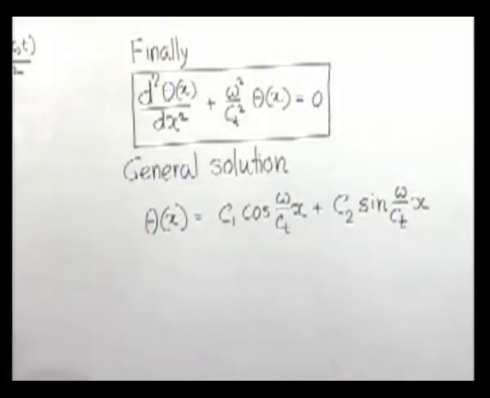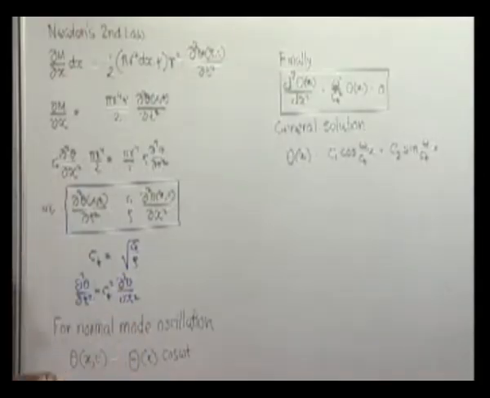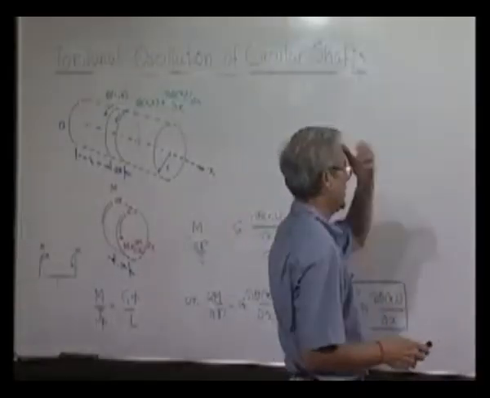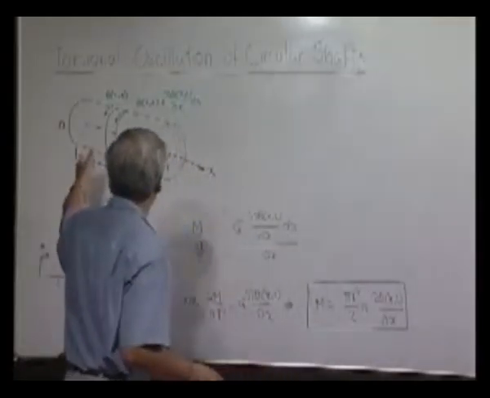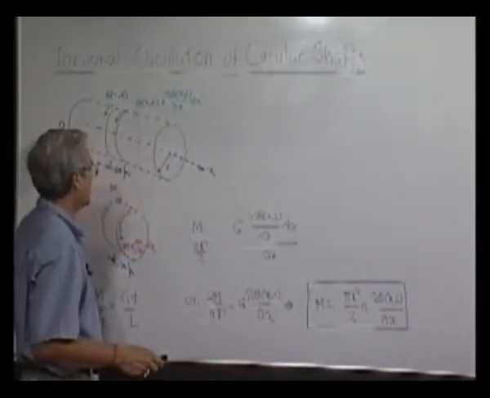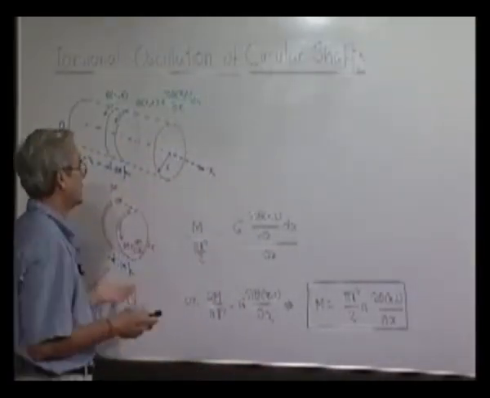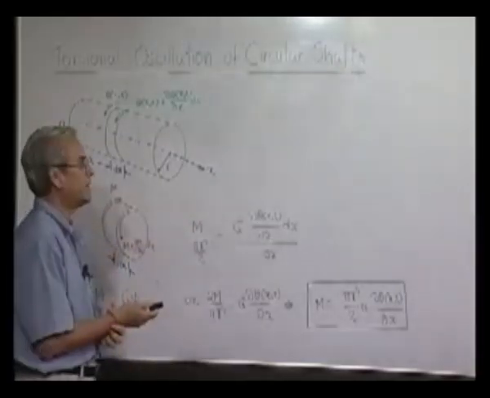Now, as before, omega can be found out from the boundary conditions of the shaft which are given. So the solutions will be very similar. That means both ends free, one end free and one end fixed, or both ends fixed. We will get similar kinds of things.